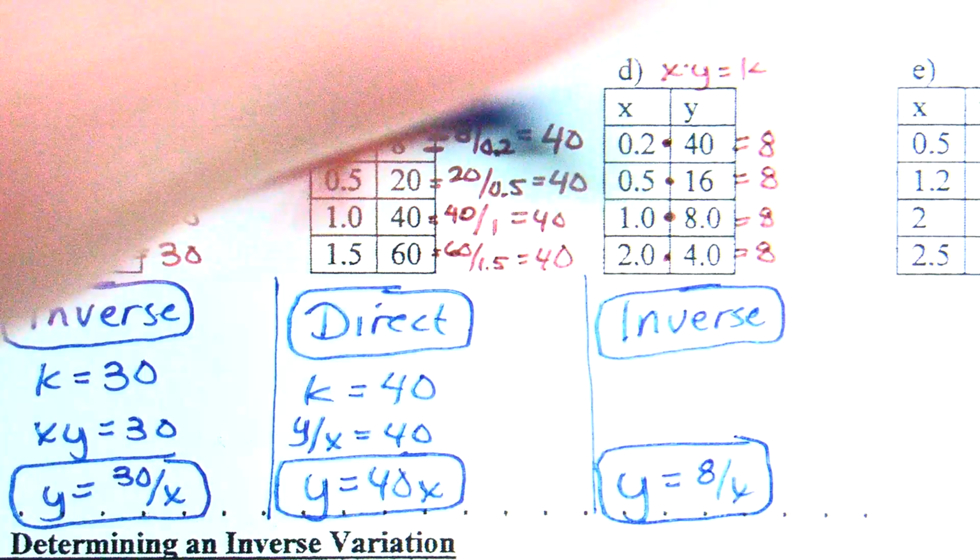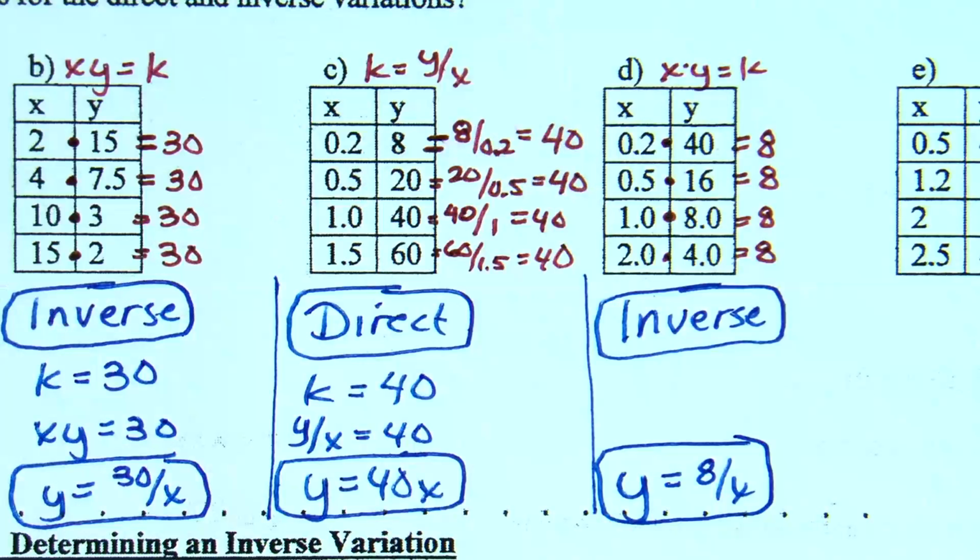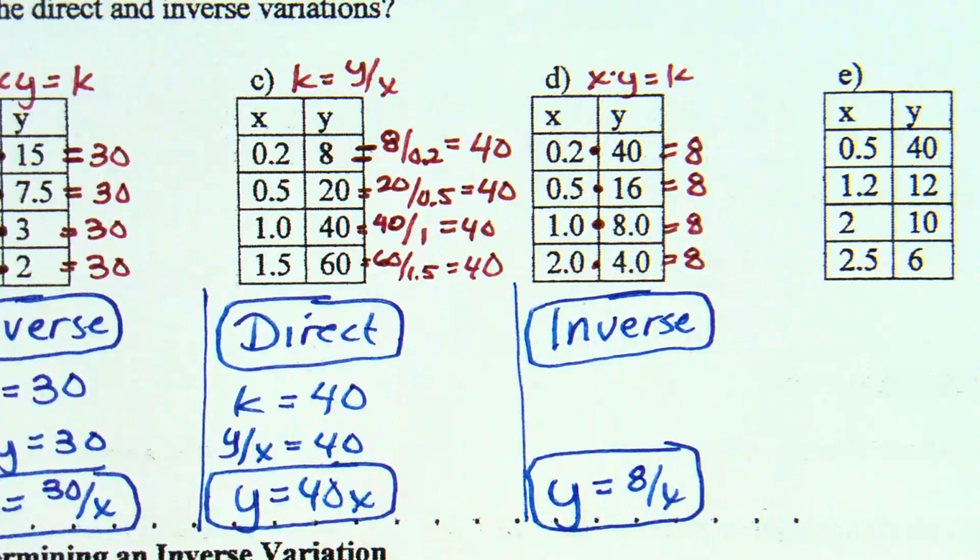Okay. y equals 8 over x. Because up under inverse variation it says y equals k over x. Okay. E.